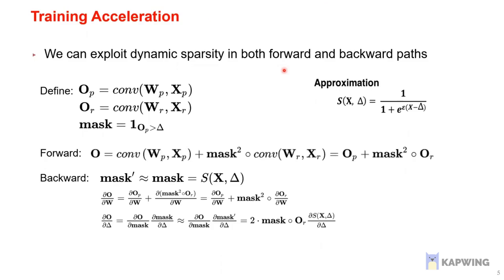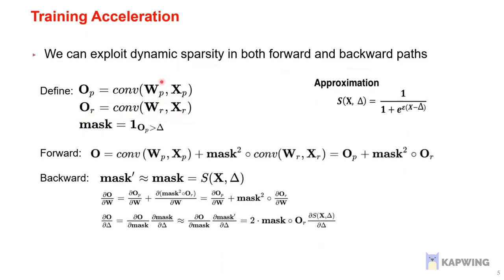Interestingly, we can exploit the sparsity in both forward and backward propagation. First, we define the prediction phase as a convolution between weights and MSB activations. We define the update phase as a convolution between weights and LSB activations.